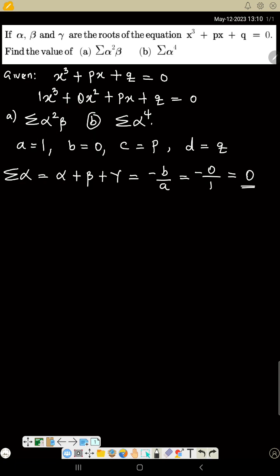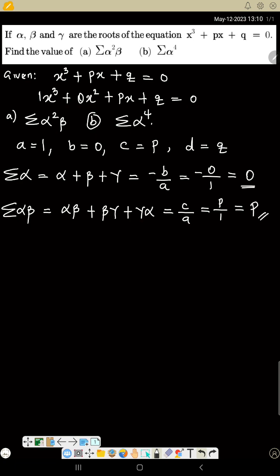Also, summation alpha beta, that is alpha beta plus beta gamma plus gamma alpha, is equal to c over a, which is p over 1, which is equal to p.